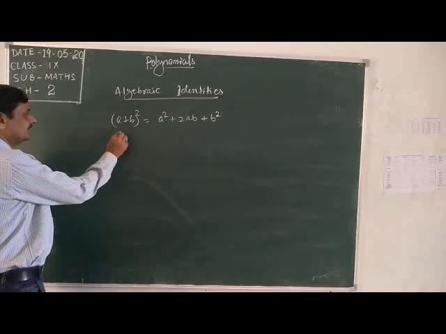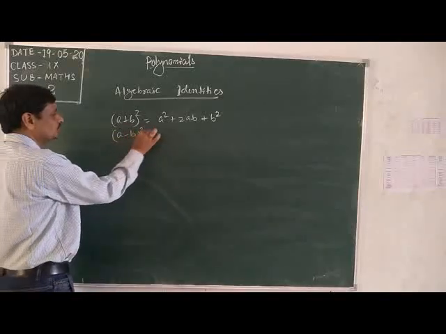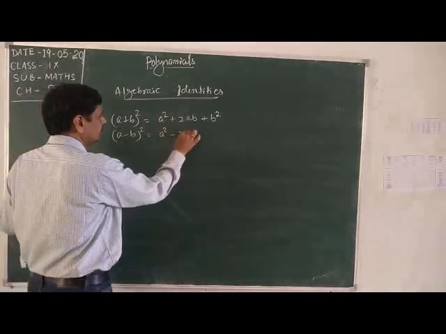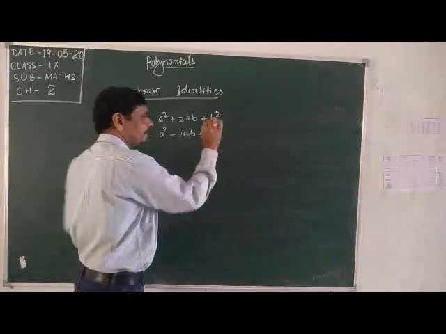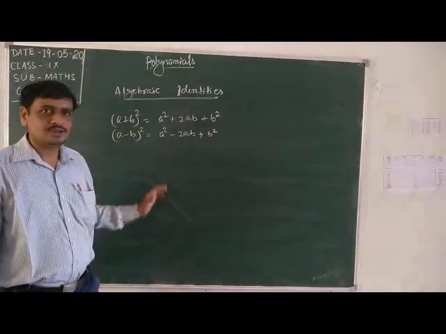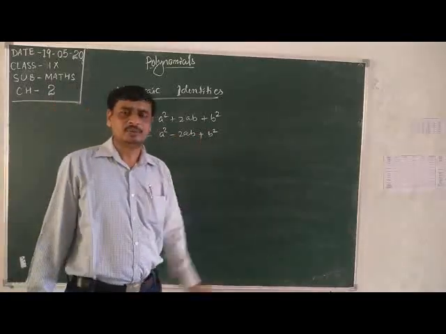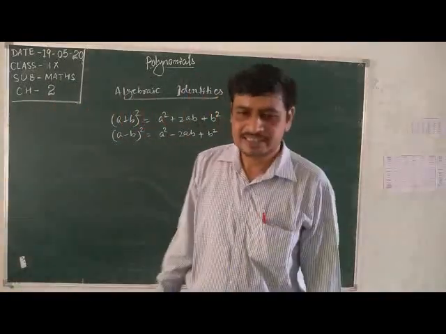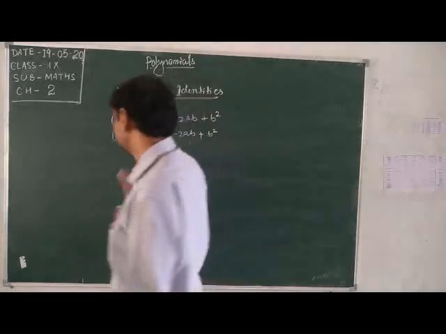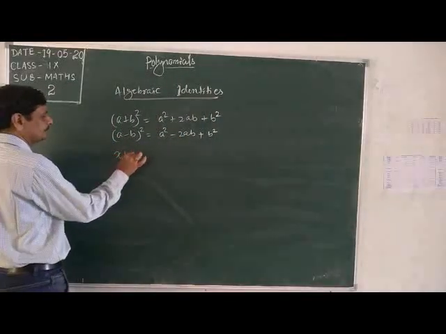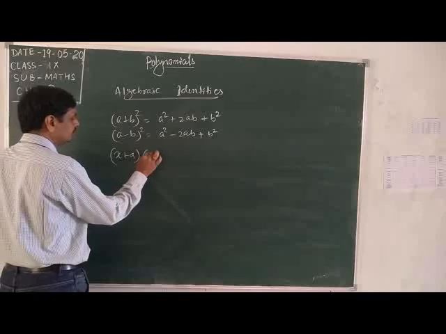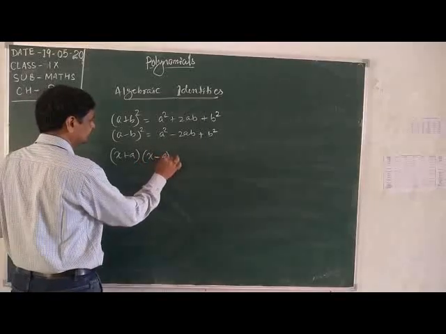Similarly, a minus b whole square is a square minus 2ab plus b square. Whenever we put the values of a and b in both left side and right side, we will get the same value. Similarly, we can take x plus a into x minus a.